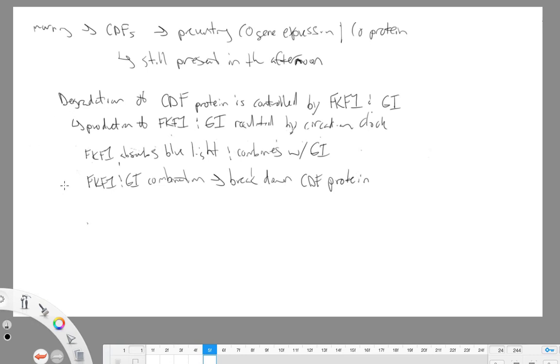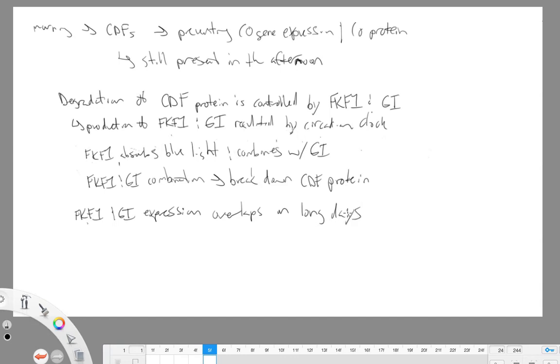How long days factor into this is that this FKF1 and GI expression, or production, as I've been talking about it, overlaps on long days.